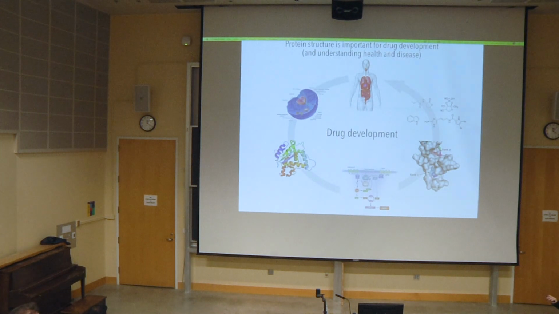If we know protein structures and we can put that into context of other proteins and also small molecules, we can figure out how small molecules bind in the protein, we can develop better drugs, and we actually get a molecular level understanding of health and disease. This is the basic idea for studying protein structure and especially also membrane proteins.